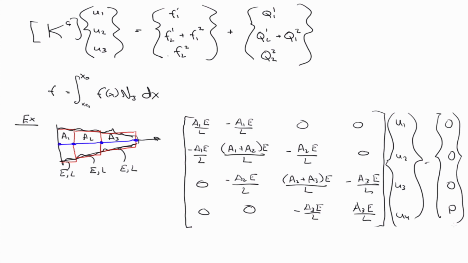And we can almost solve this. There's one last thing we have to do. If we want to solve this, apply the boundary condition, right? We have an essential boundary condition here. This is a fixed wall, so that displacement has to be 0. And the easiest way is to just put a 1 here and a 0 there.